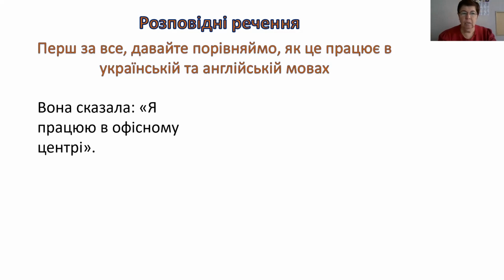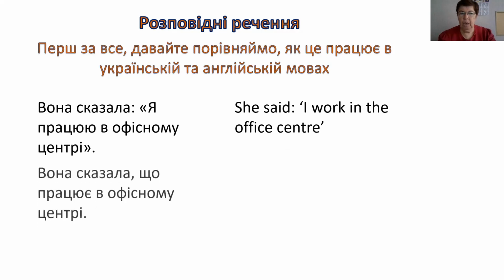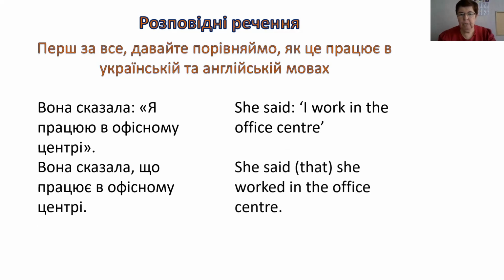Вона сказала, я працюю в офісному центрі. She said, I work in the office center. А зараз непряма мова. Вона сказала, що працює в офісному центрі. She said that she worked in the office center.